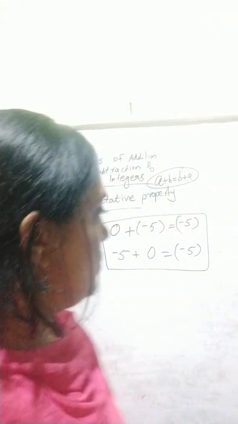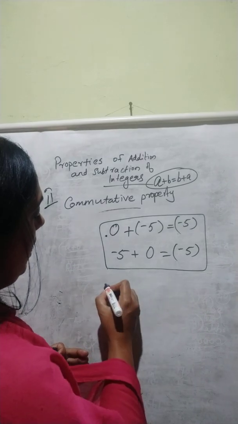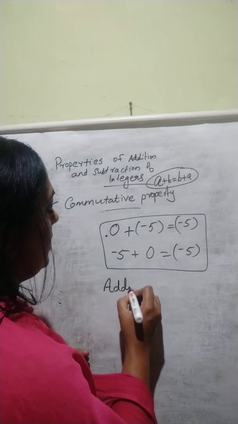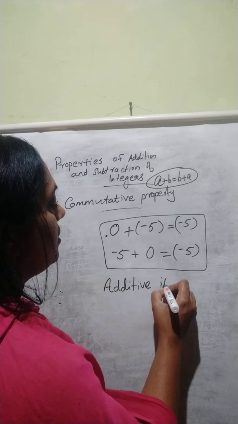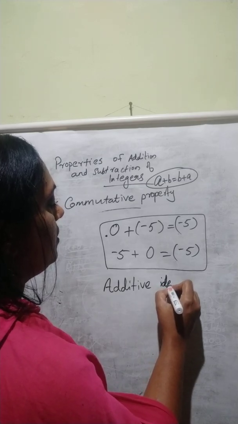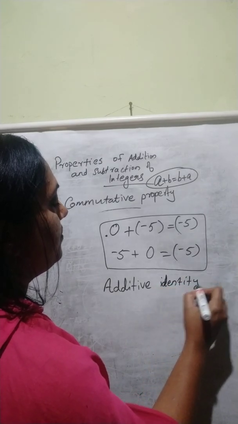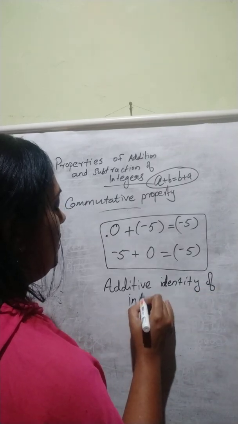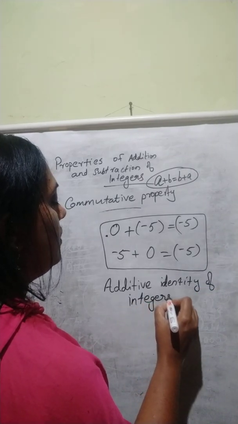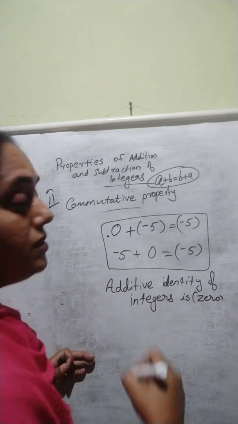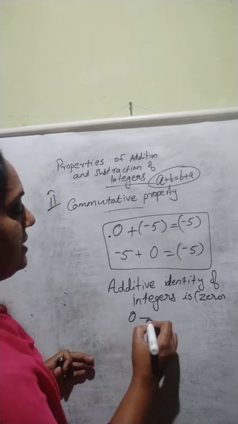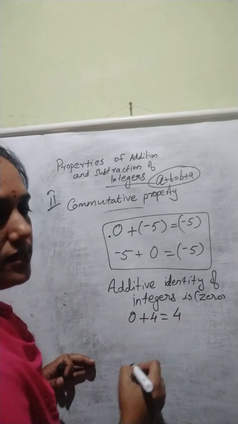That is known as the additive identity of integers, which is 0. That means 0 plus 4 is equal to 4 itself.